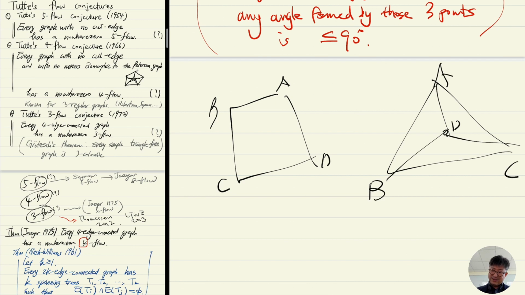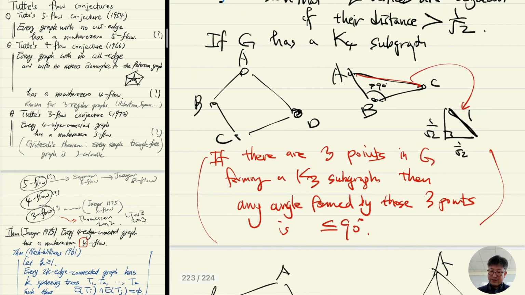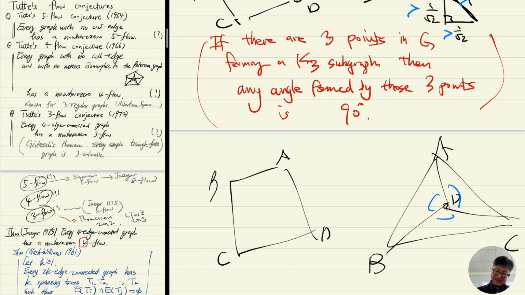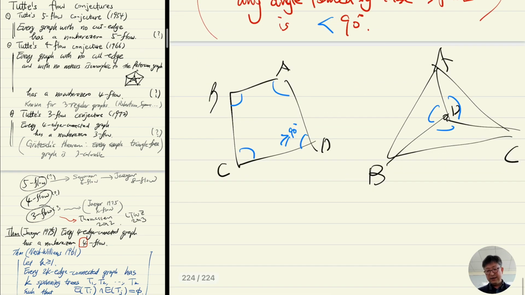In this case, it's easy to see that one of these angles will be bigger than 90. Oh, actually, equality doesn't work as well, because this is bigger than 1, so the angle is less than 90. So one of these 4 angles will be bigger than or equal to 90, right? So that's a contradiction. So G has no K4 subgraph.